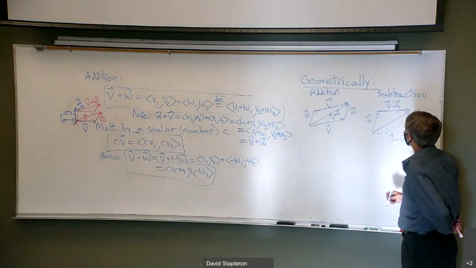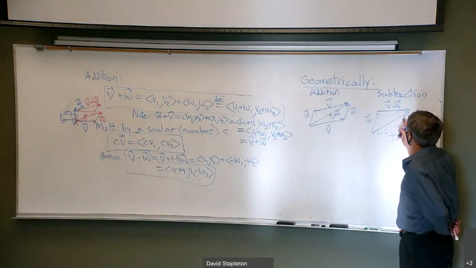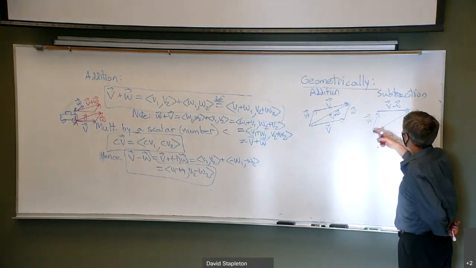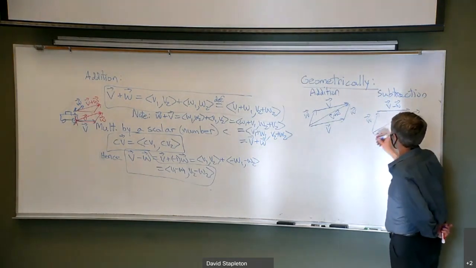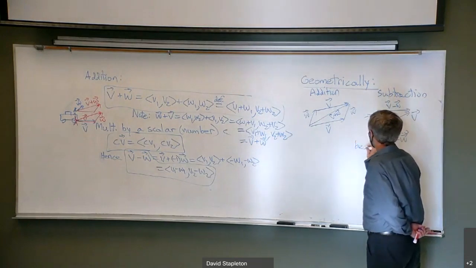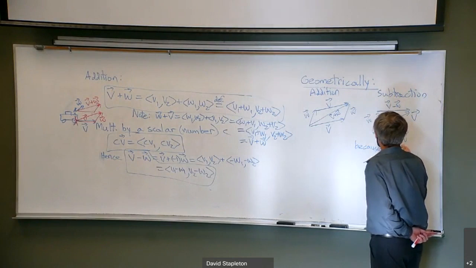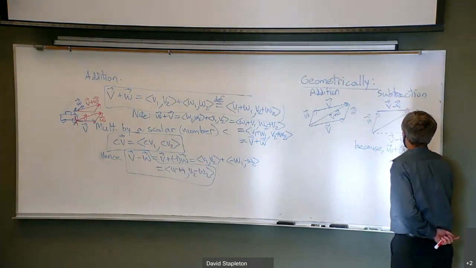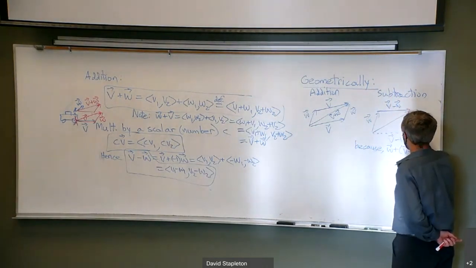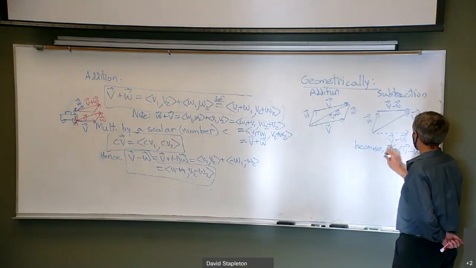And how do I know that? Well, the idea is if I take W and add it to V minus W, excuse me, if I add these two vectors together, what am I supposed to get? Well, with subtraction, these cancel out.